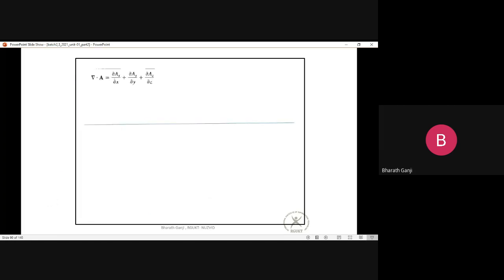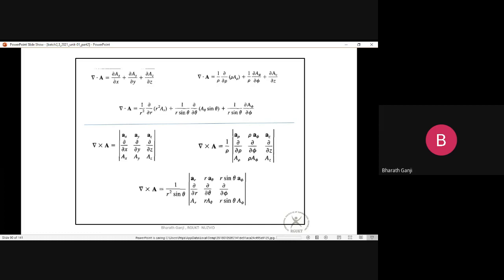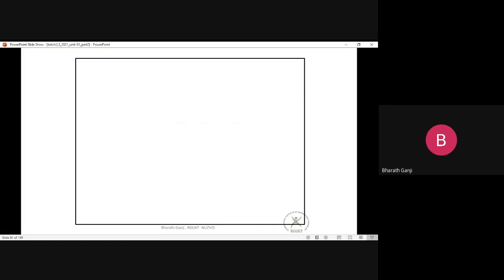So simply for the corresponding coordinate system, you substitute the corresponding u, v, w values, and you can easily calculate the divergence and curl in various coordinate systems. So that is the only easy way in which you can remember them. I mean, different coordinate systems లో curl and gradients తీసుకోవడం.